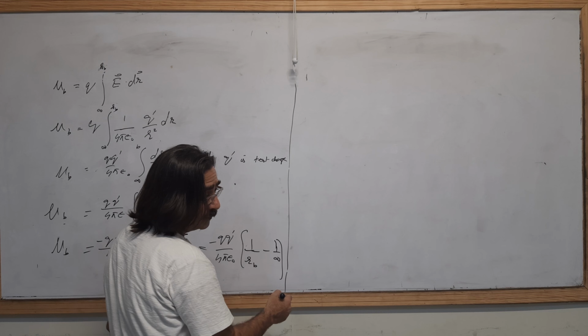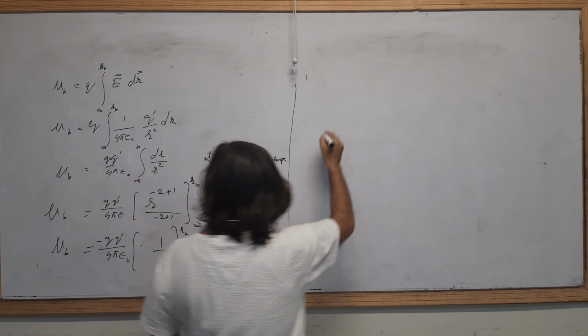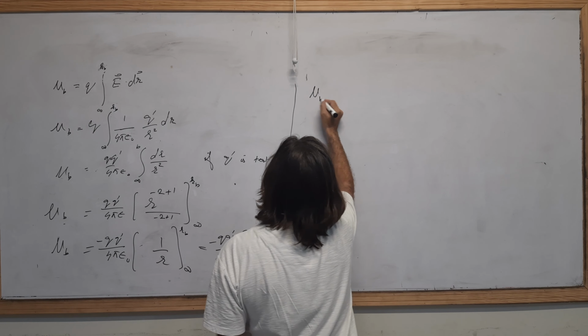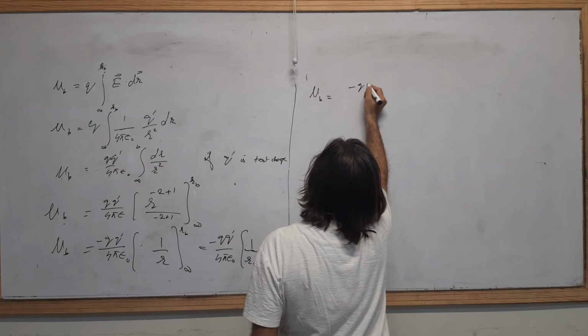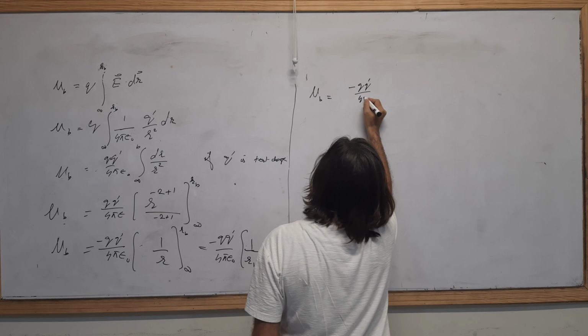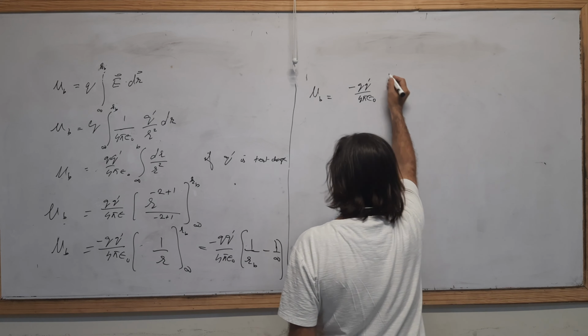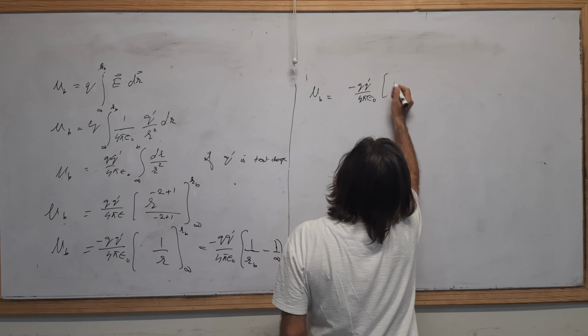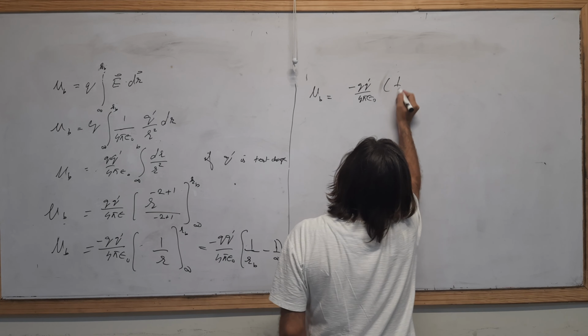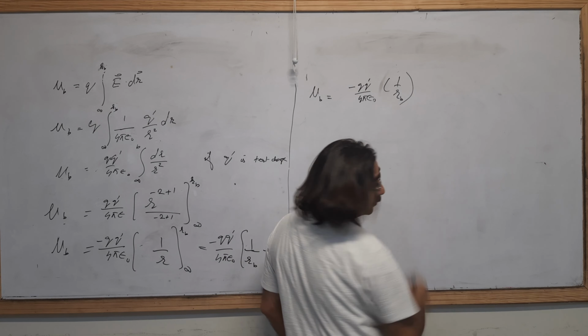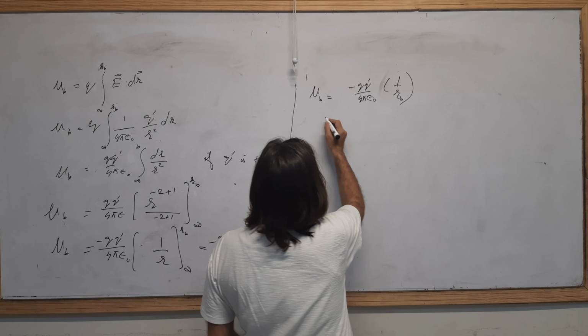Infinity means 0, so UB will become minus Q prime over 4 pi epsilon times 1 over rb.